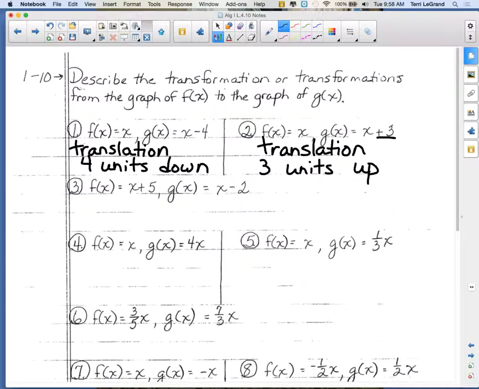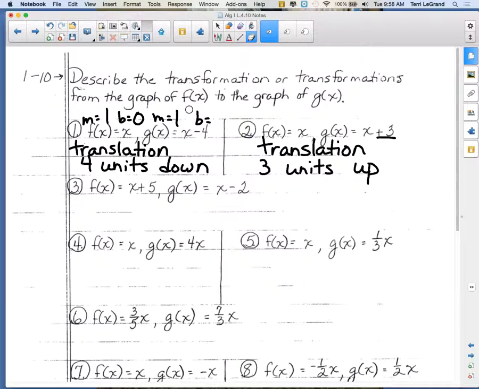Now, what I'm forgetting to have you do, I'm sorry, I should have had you do this. I want you to identify the slope and the y-intercept for each of them. So what's the slope for f of x equals x? 1. What's its y-intercept? 0. What's the slope of the g of x function? 1.